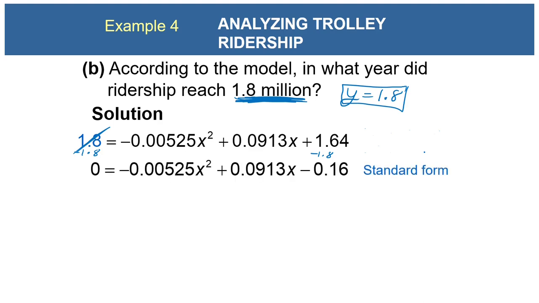I have 0 equals negative 0.00525x squared plus 0.0913x minus 0.16.